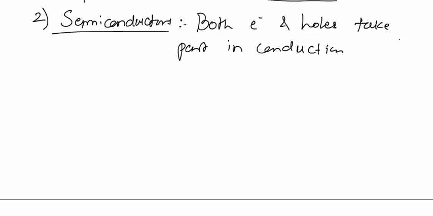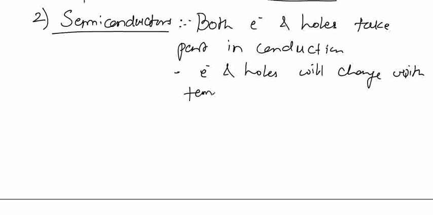If we change the surrounding temperature, meaning energy is supplied to the material, the electron and hole concentration will change with temperature, meaning bonds will be broken and more electrons and holes will be generated with increase in temperature of the material.